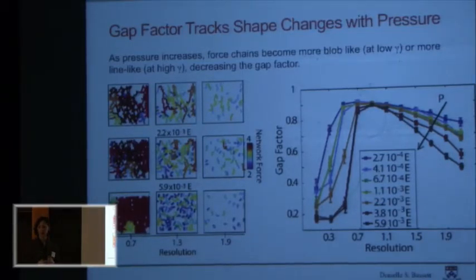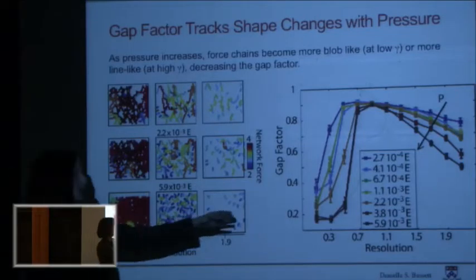Yeah, Randy. I look at this graph and I think, wow, high pressure is good because it's really strong in peak. But I'm not sure that that's the right metric for saying it's good. Is it good that it's strongly peaked, doing things at high pressure? But it's peaked at low pressure. You mean the gap factor peaks at low pressure too.